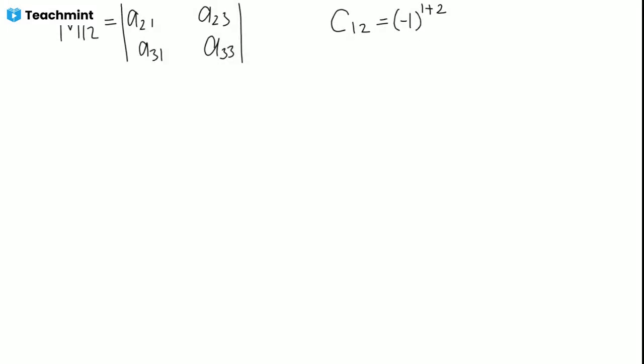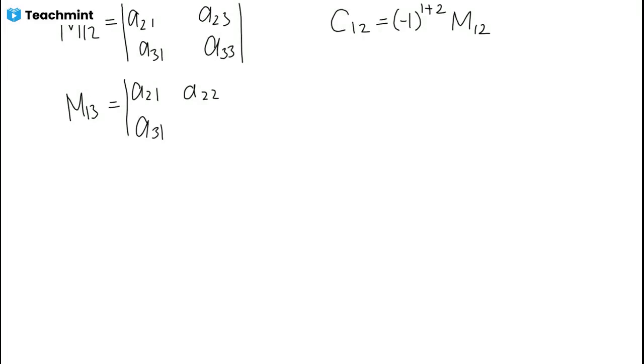And here just multiply by M12. Similarly M13: leave the elements of the first row and third column. You have A21, A22, A31, A32. Similarly C13 is minus 1 to the power 1 plus 3, and just multiply by M13.